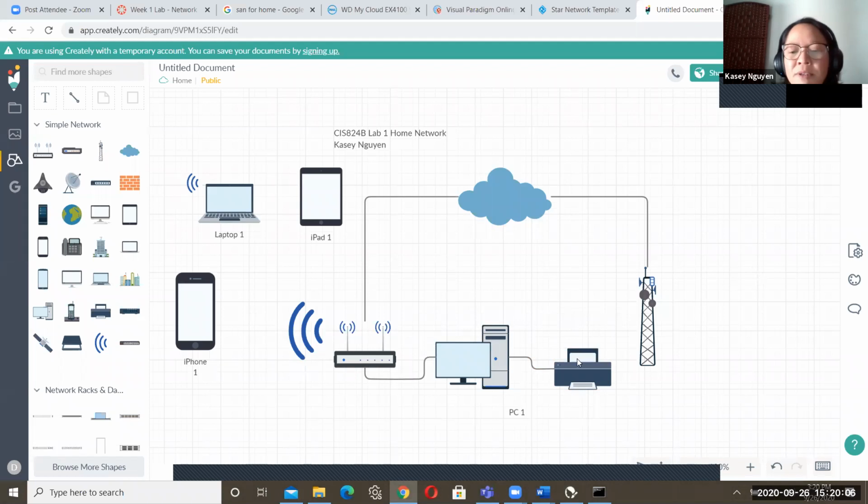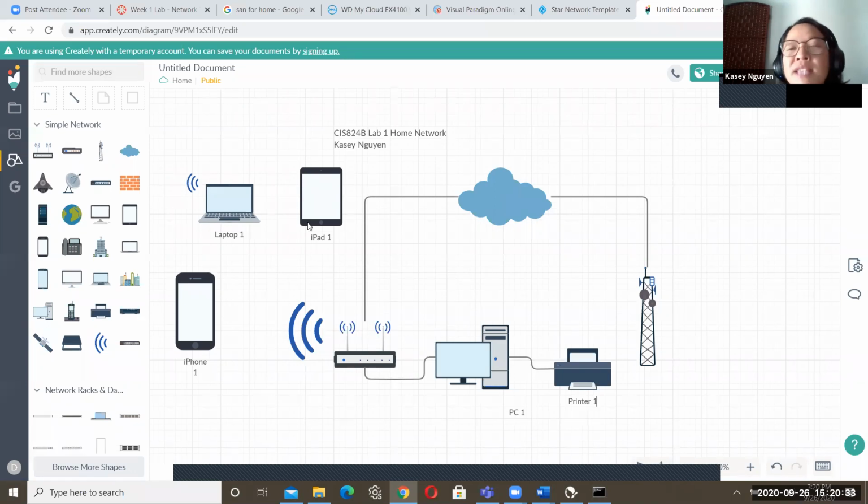And then you can label it too. Printer 1. Or sometimes we would put the brand, like Canon printer and a number. Some companies would use department to name, or I don't recommend using location, like in the building, because that's a security thing.